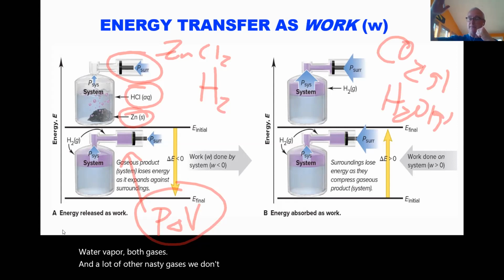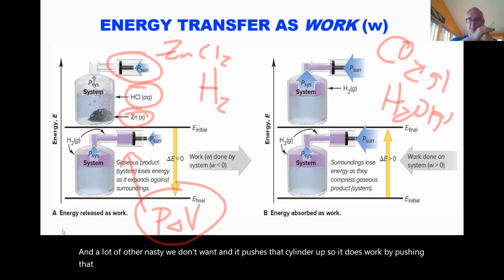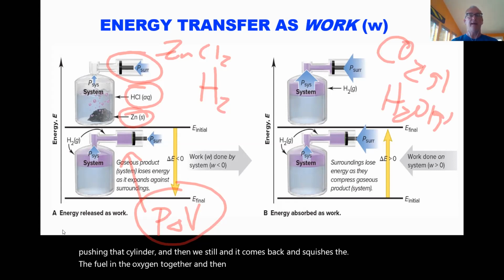And it pushes that cylinder up. So it does work by pushing that cylinder. And then the cylinder comes back, it squishes the fuel and the oxygen together, and then it explodes, pushes it back out again. That is work being done by the system.